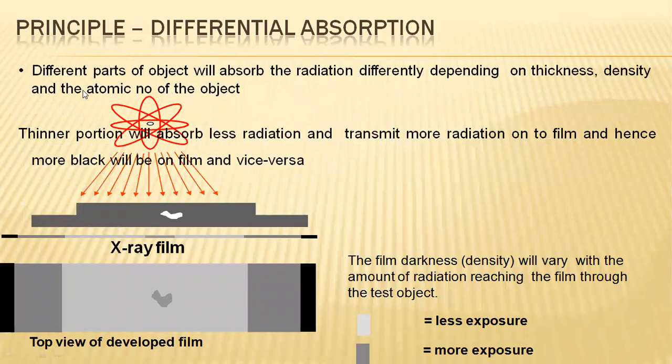Different parts or objects, based on their thickness or density or atomic number, will be altered with respect to the different properties of the materials, whether thinner materials or thick materials.